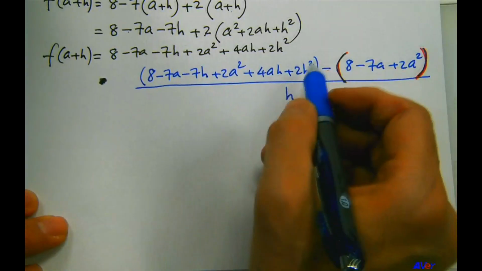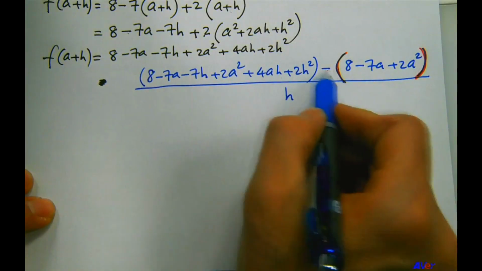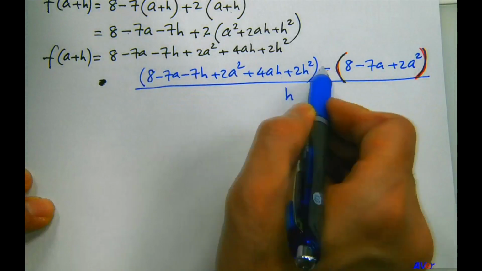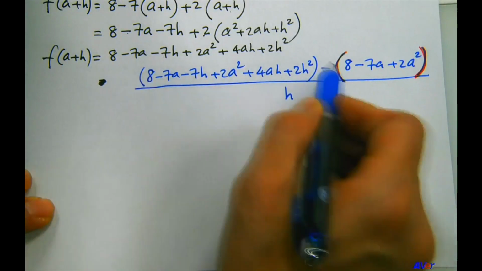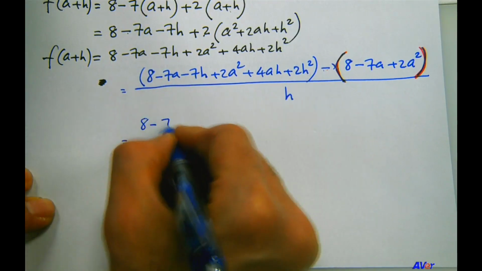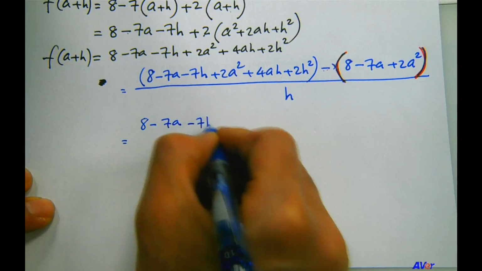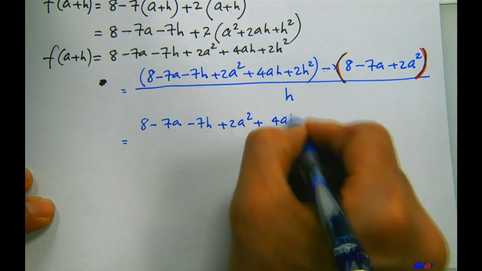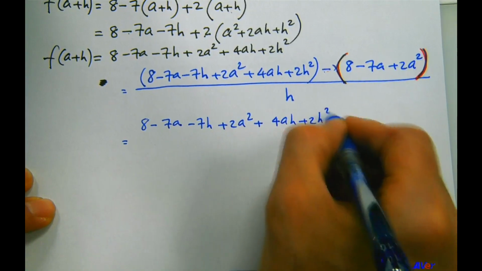Okay, so the next step for us is to distribute this minus into this and combine what we can with these terms. I'm going to rewrite this piece down for now: 8 minus 7a minus 7h plus 2a squared plus 4ah plus 2h squared.